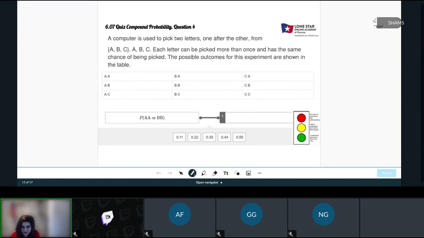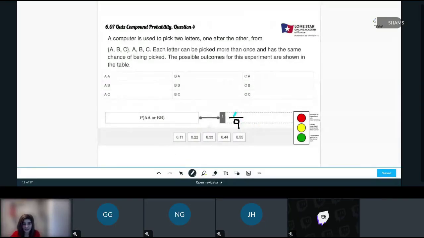How many outcomes are given in the table? Let's see. 1, 2, 3, 4, 5, 6, 7, 8, 9. There are 9 outcomes. Everybody agrees? I counted AA, AB, AC, BA, BB, BC, CA, CB, CC. There are 9 in all.